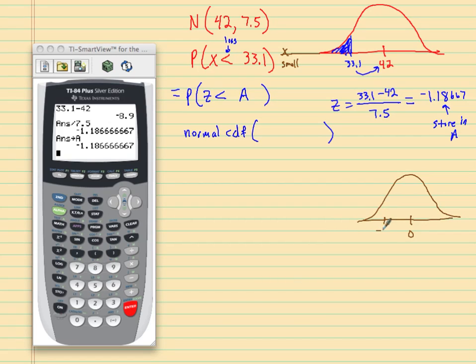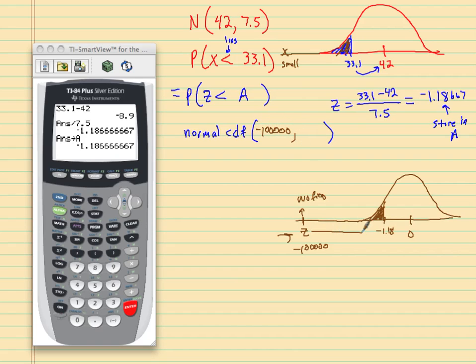This is z, this is negative 1.18. Scan up. This area right here is the same as this area, so what the calculator does is it reads from left to right. So you want to pick a z-score way over here to guarantee that there's no frequency. There's no line above it. So we'll pick negative a million or whatever you want. Just make sure you pick something big.